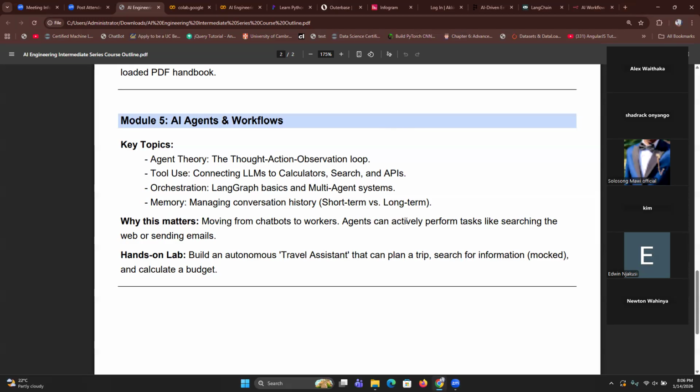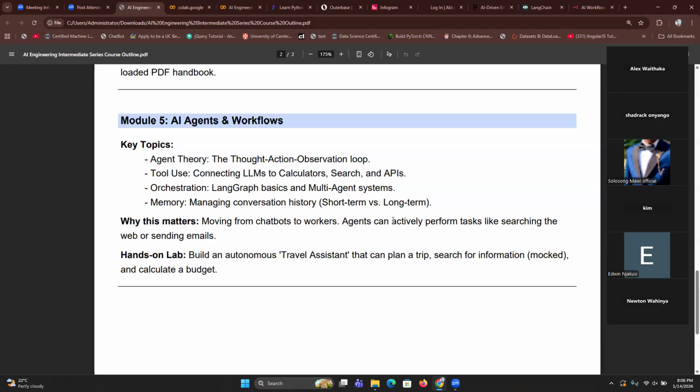For example, an agent can search something on the website, an agent can send emails, an agent can go through your Excel documents and so on and so forth. You can even build presentations. So agents are autonomous. They think and act on their own based on your instructions.